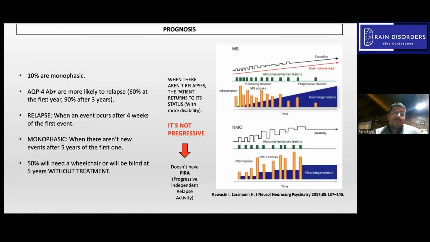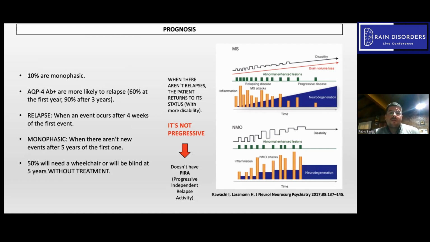We call it a relapse when an event occurs after 4 weeks of the first event. Before, it could be the same relapse. Monophasic, we call it when there are no new events after 5 years.